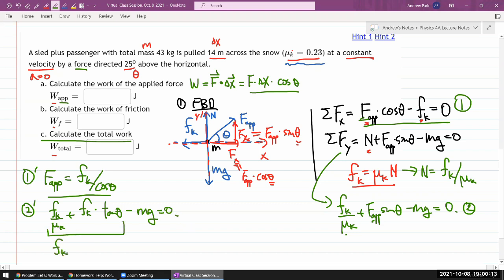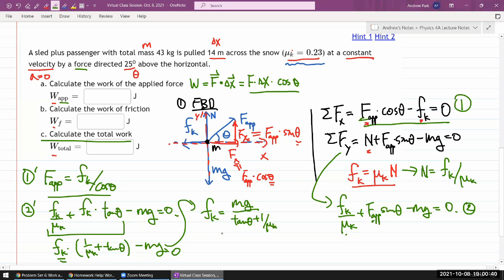So this is friction force times 1 over mu k plus tangent theta minus mg. And I can solve for friction force here. All this is equal to 0. My friction force is mg divided by tangent theta, just swapping the order, I don't like this coming first, plus 1 over mu k. Okay, I'm done. So that'll give me the friction force.